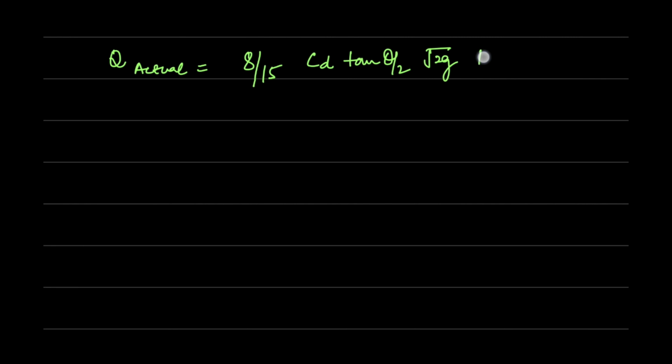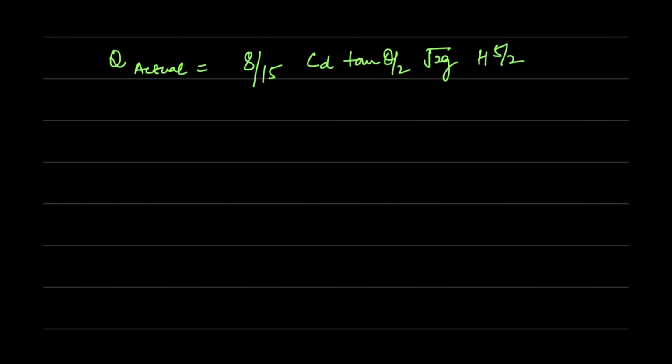Now the equation of the triangular notch we just got above is that Q actual looks like 8 by 15 multiplied by CD, tan theta by 2 multiplied by under root 2g h raised to the power 5 by 2.